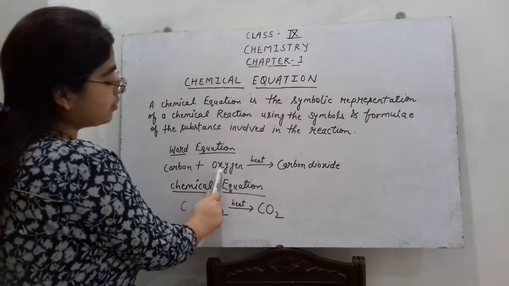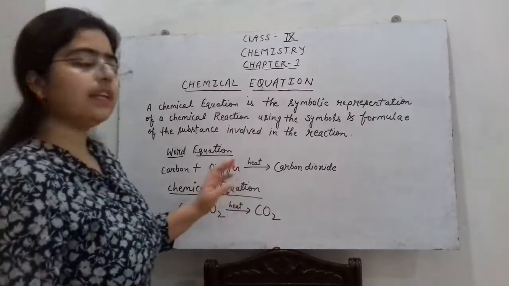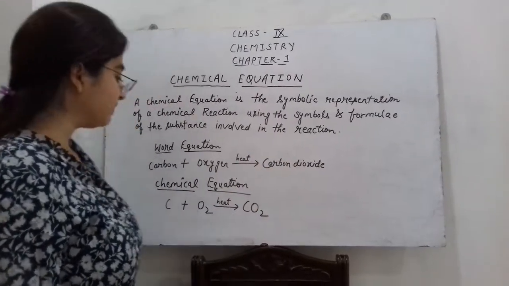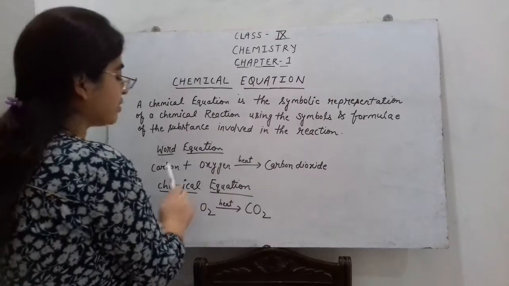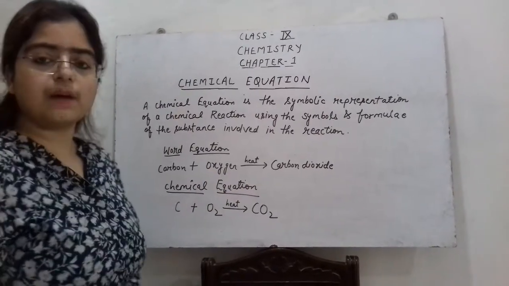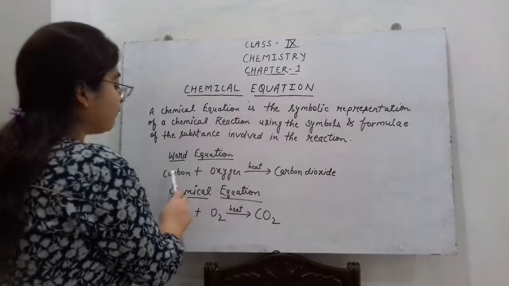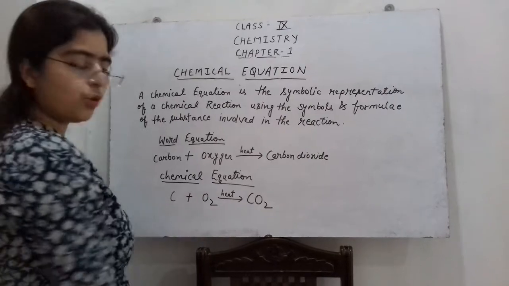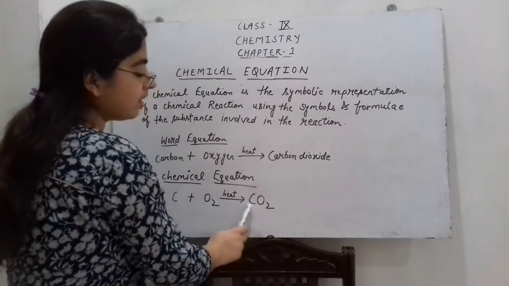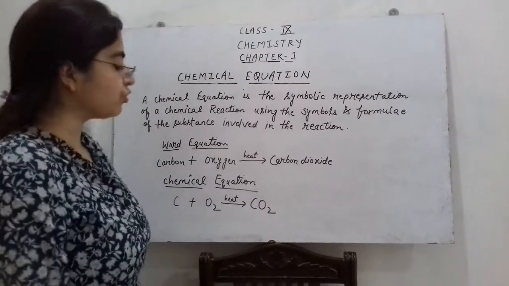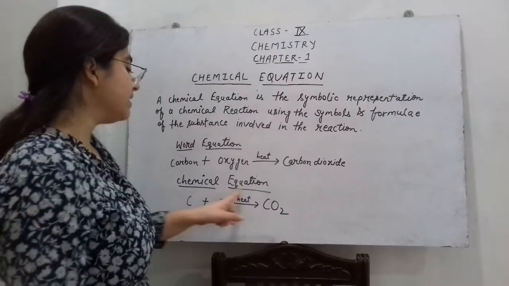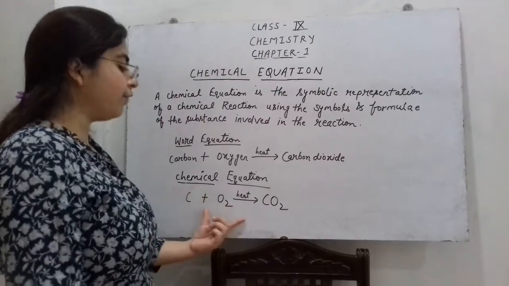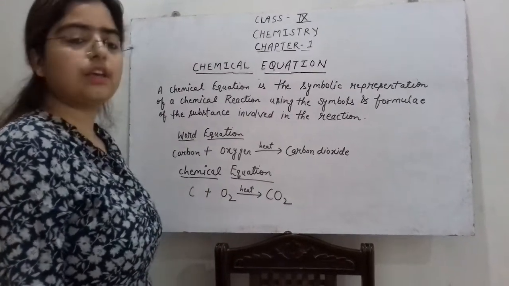So when carbon and oxygen react, when coal is burned in the presence of oxygen, then a new substance, carbon dioxide, is formed. So this is the word equation where the spelling of carbon, oxygen and carbon dioxide is used. But when we write the symbol of carbon, that is C, the formula of oxygen, O2, and the formula of the substance carbon dioxide, CO2, then this is the symbolic representation of a chemical reaction, and therefore it is called the chemical equation.